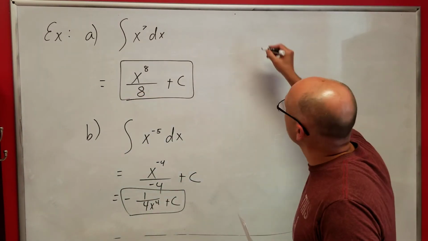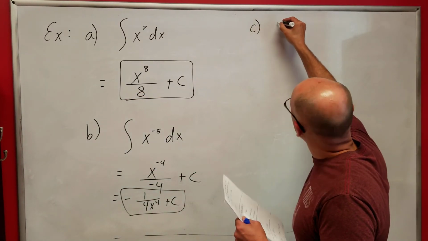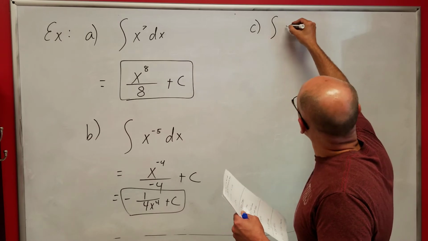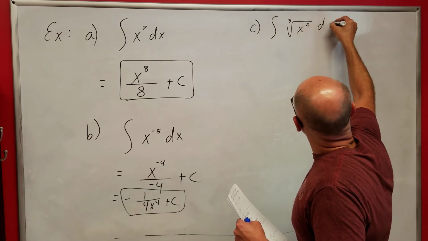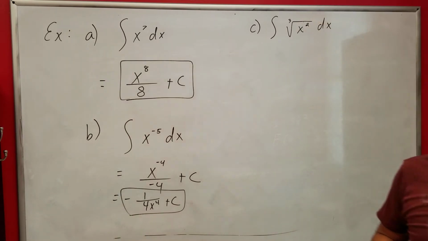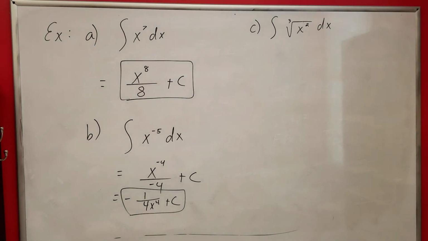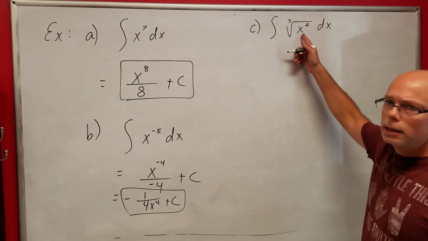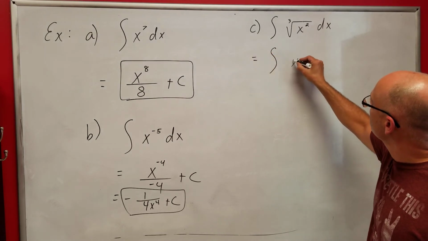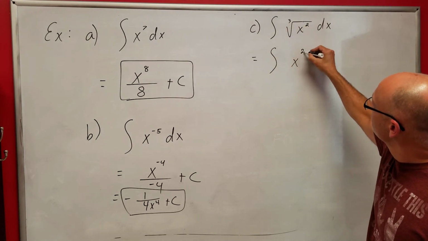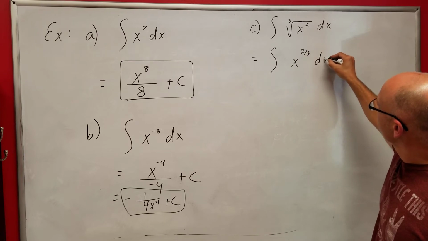Take a look at part C. We're going to have the integral of the cube root of x squared dx. All right, first thing, let's write this as an exponent. So this will be the same thing as the integral of x to the 2/3 dx.